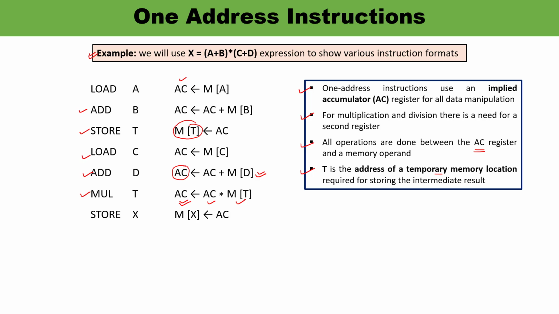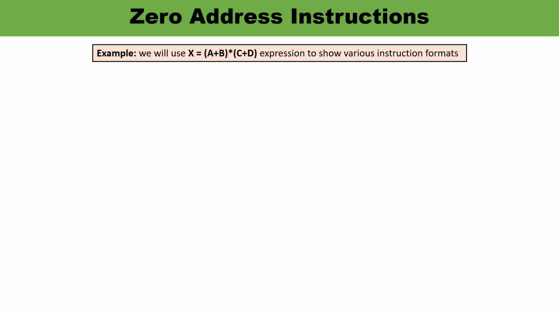Now store X means from the implied accumulator to this location. So this is how you can explain the one address instruction. All the operations are done between the AC register and a memory operand, and you must remember T is the address of a temporary memory location.